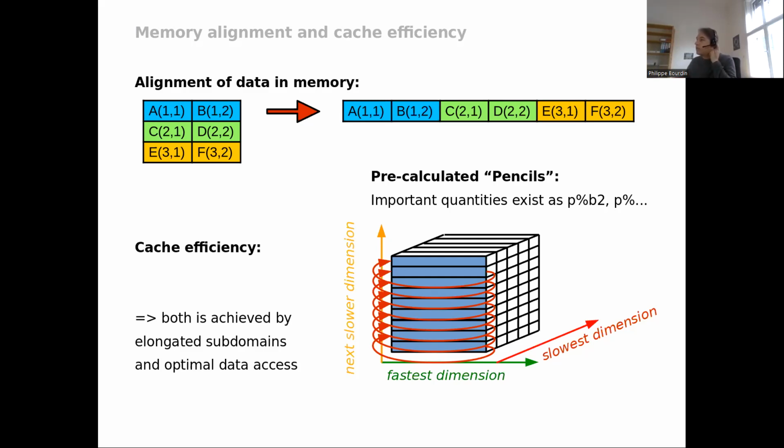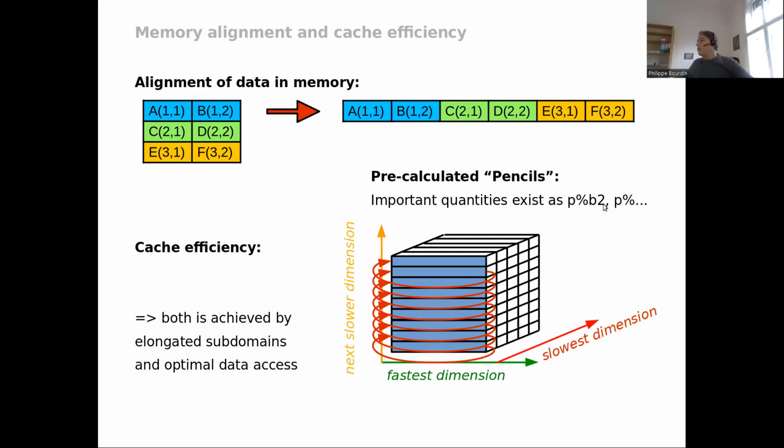Good. What we do have in Pencil Code are these so-called pencils. They carry pre-calculated quantities in the same orientation, in the shape of these pencils, or elongated subdomains. All important quantities exist pre-calculated. Each module has to register the pencils that it requires.